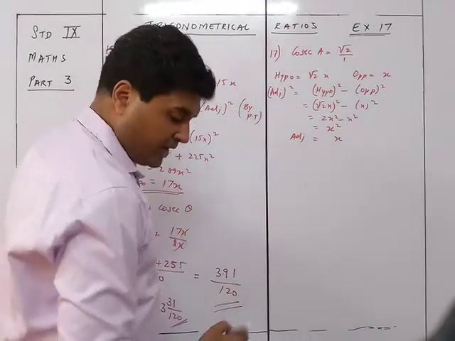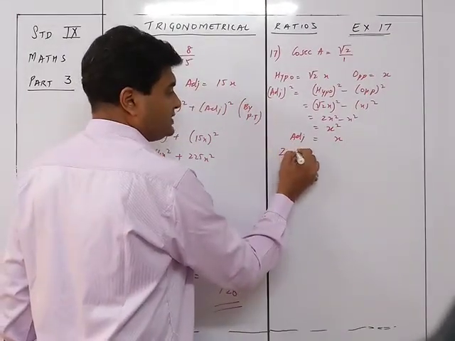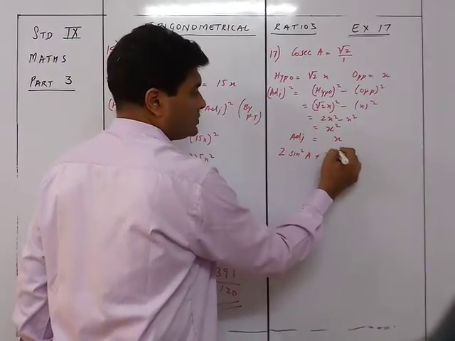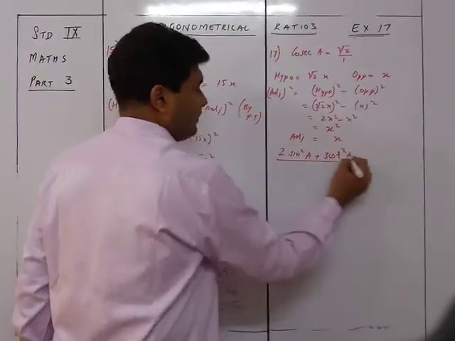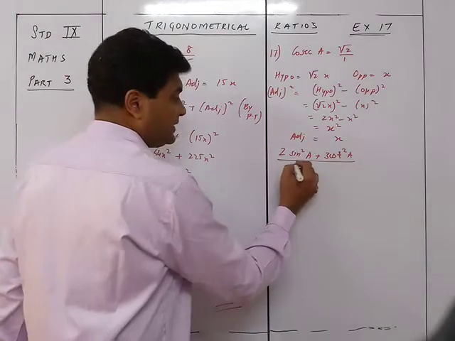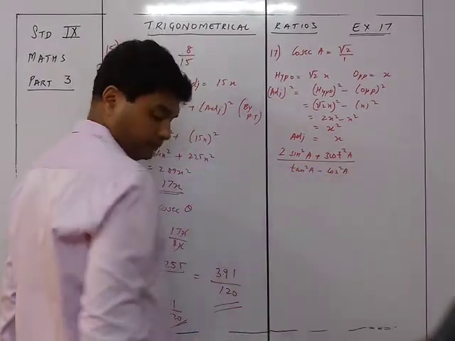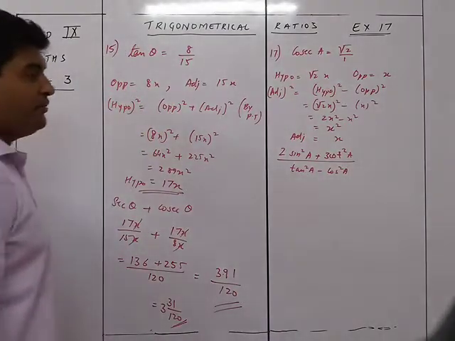So now we need to find out the value of 2 sine square A plus 3 cot square A upon tan square A minus cos square A. Okay, this is what you need to find out.